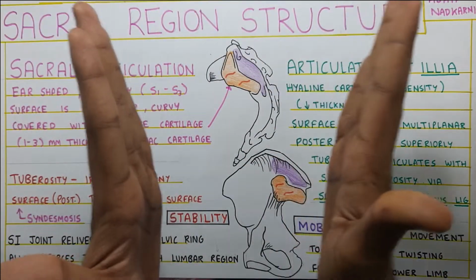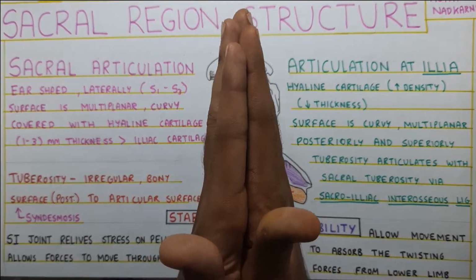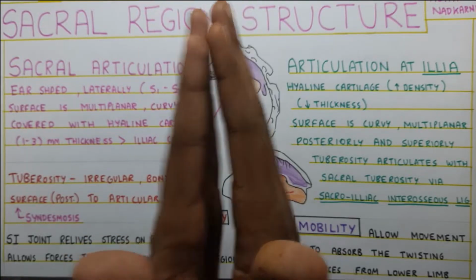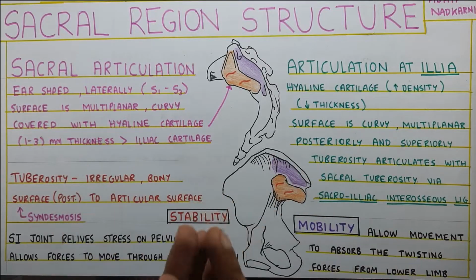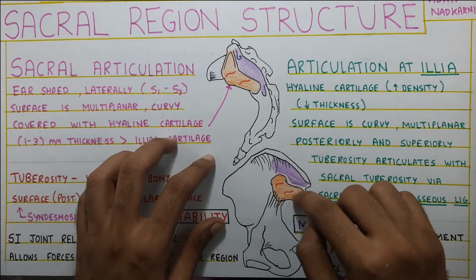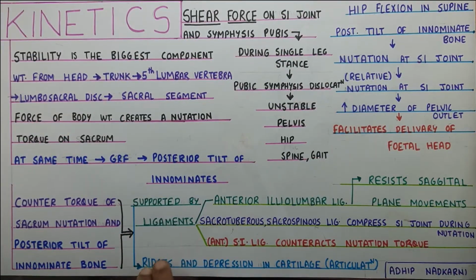The articulation of both the sacrum and the innominate bone is right in place, which locks the SI joint in proper position, giving it stability over here and also at the tuberosity. So that's how the ridges and the depressions in the articulation area help in providing stability. That is how the ridges help in providing the counter torque.